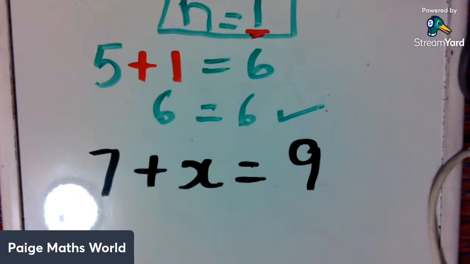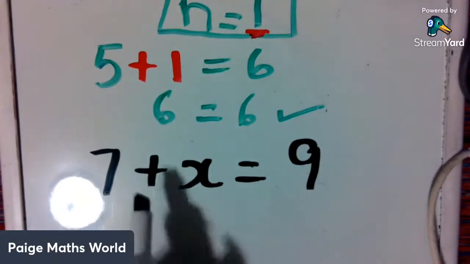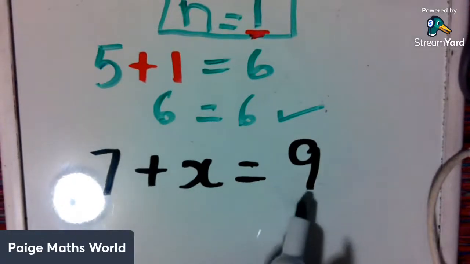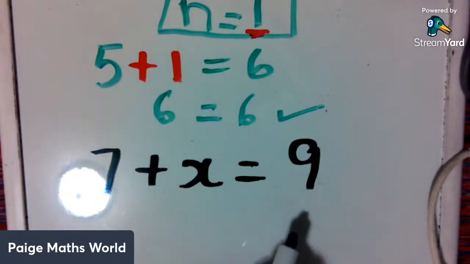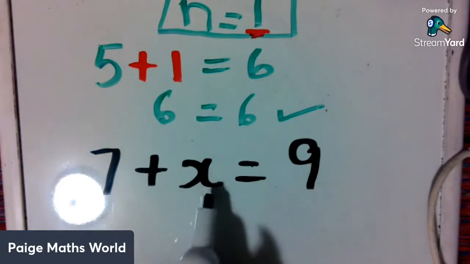Great job, Raymond. So you see, as you look at these simple problems, we can figure out what x is, what the variable is. Let us try to do it and see if x is equal to 2. All right. So we have 7 plus x is equal to 9. And again, we have to try to get x by itself.